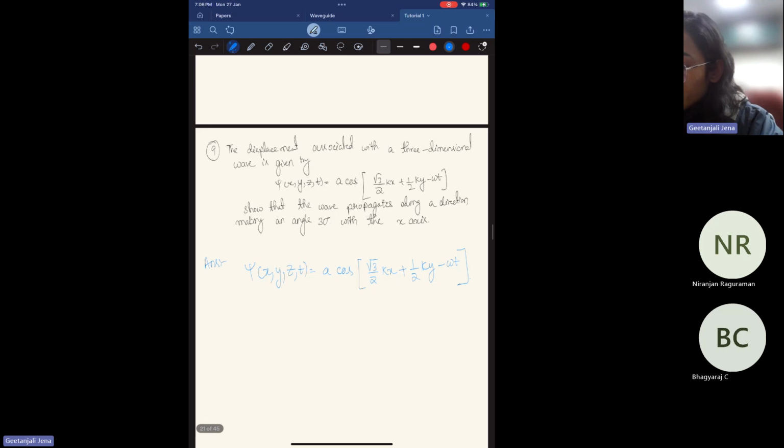And it is telling that the wave propagates along a direction making an angle 30 degree with the x-axis. Okay, so angle with respect to the x-axis is 30 degree.